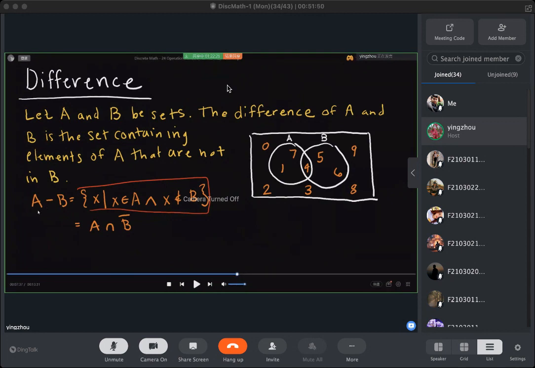A difference B, or sometimes for short A minus B, uses this logic: x belongs to A and x does not belong to B.